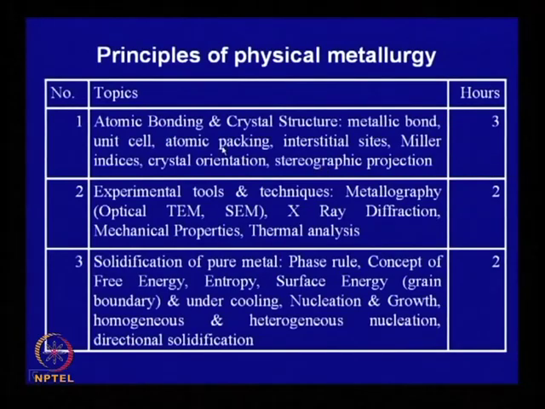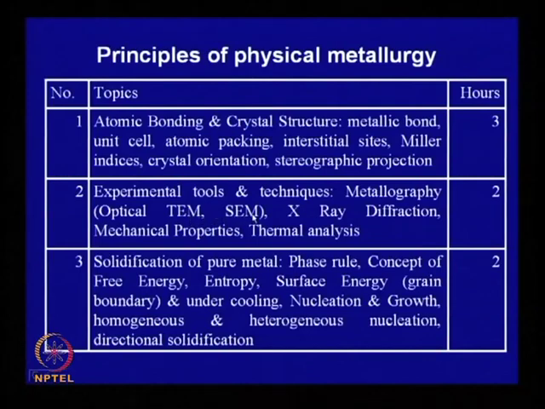And in order to know about metals, we often use a number of experimental tools and techniques. We will be talking about microstructures, and to look at the microstructure, we use different types of microscope, ranging from optical to scanning electron microscope or transmission electron microscope.